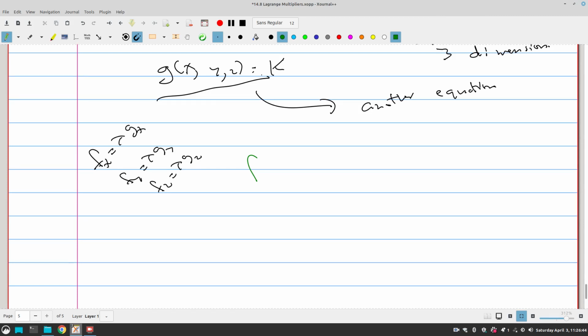So f of x, y equals x squared plus 2y squared, and g of x, y equals x squared plus y squared, and we want to set g of x, y equals 1.